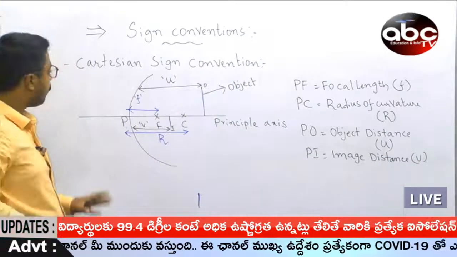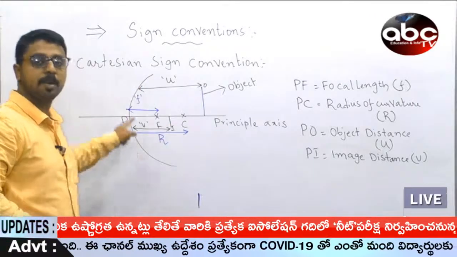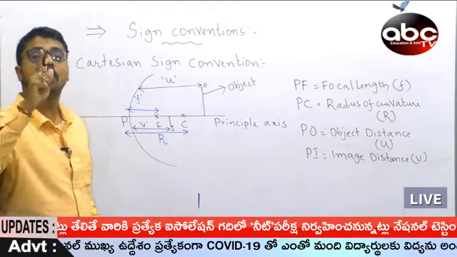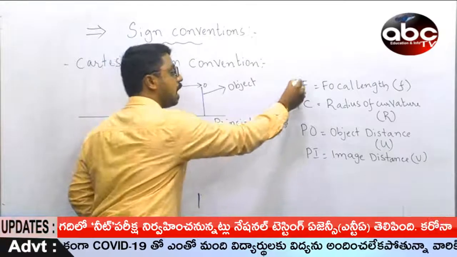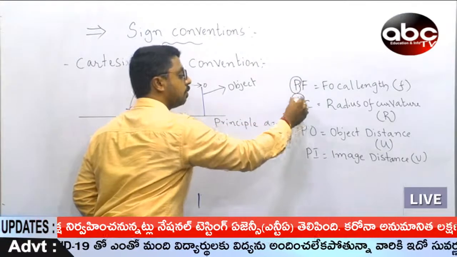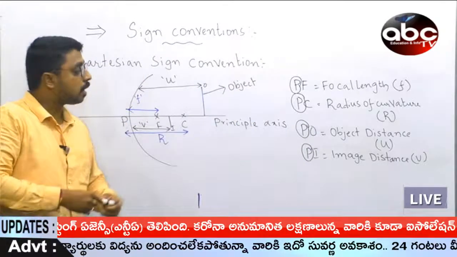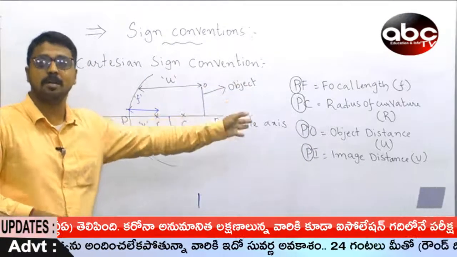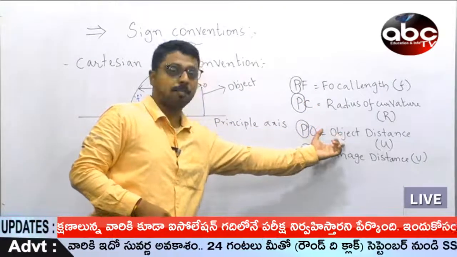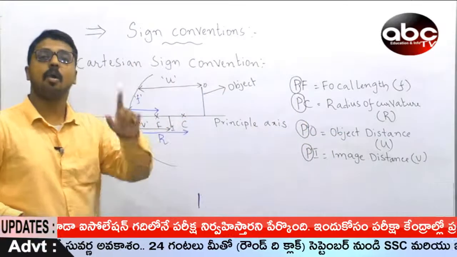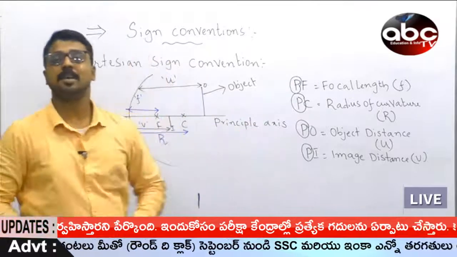So if we look at these points, whatever distances we take, all of them originate from a fixed point called the pole. Whatever the term may be, whether it is focal length, radius of curvature, object distance or image distance, all the points start from only a fixed point, that is P, the pole.